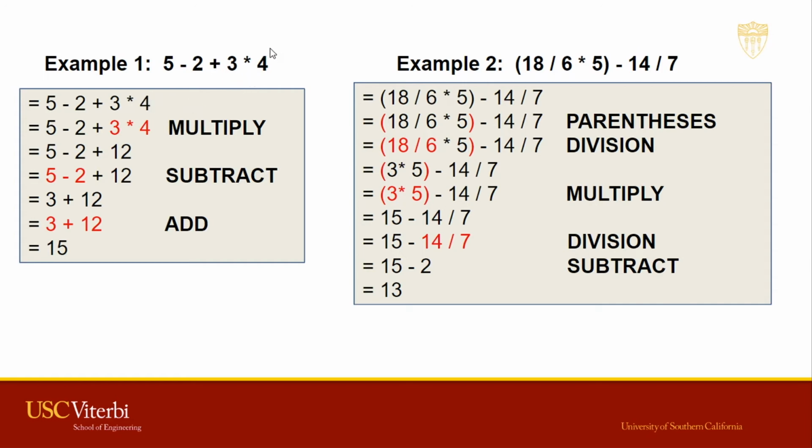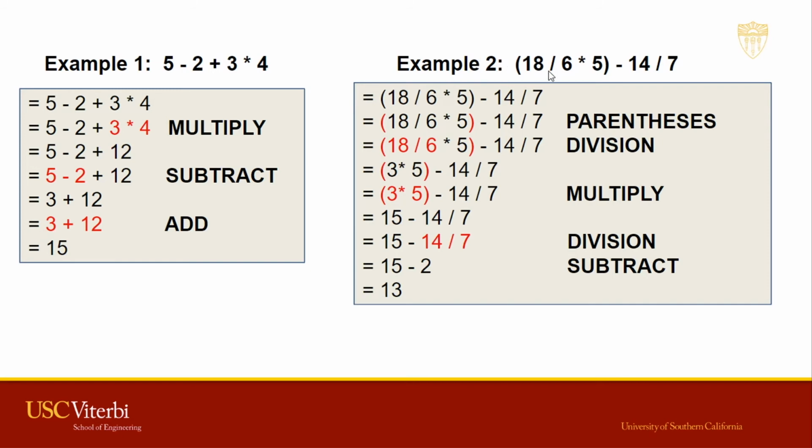So multiplication comes first: 3 into 4 is 12. Then subtraction and addition carry the same level of precedence, but we perform the one which appears first from left to right. So subtraction appears first. We perform 5 minus 2, which is 3. And then finally we perform 3 plus 12, which results in 15.